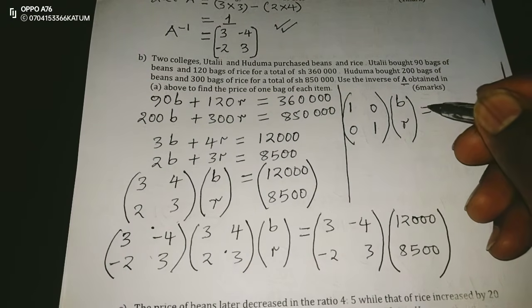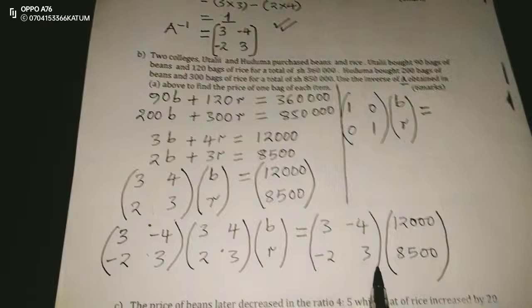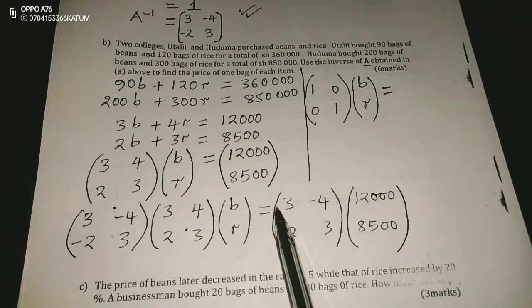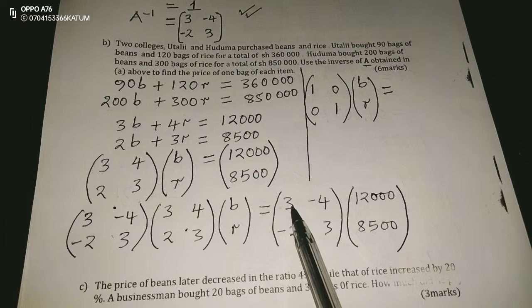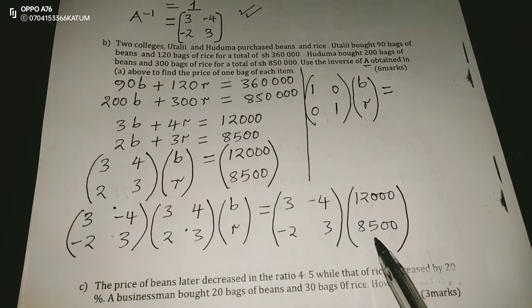This is equivalent to, let us carry out the multiplication on now the right hand side. So we'll have to multiply each row and the column here. 3 times 12,000 and negative 4 times 8,500. So we'll have 3 into 12,000, then minus 4 into 8,500. This is giving me 2,000.